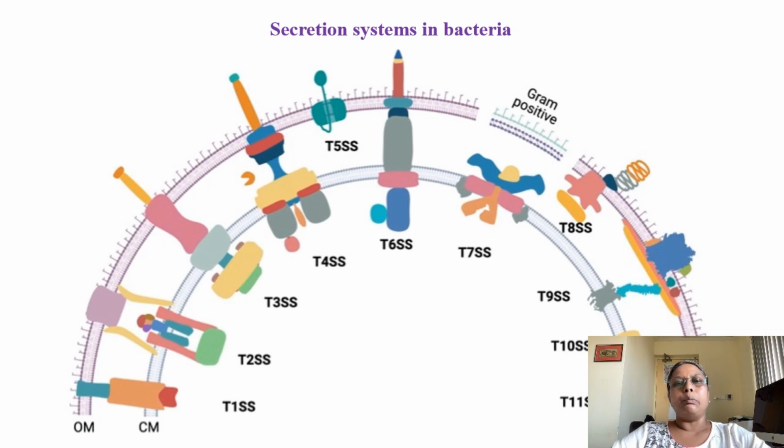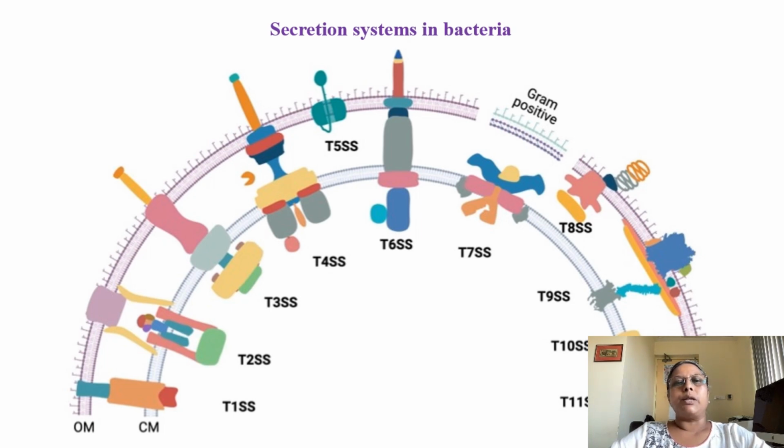Because both of them secrete folded substrates. The type 2 secretion system translocates proteins initially either by the TAT or the SEC pathway, which we have discussed previously. In contrast to this, the type 5 secretion systems are autotransporters.